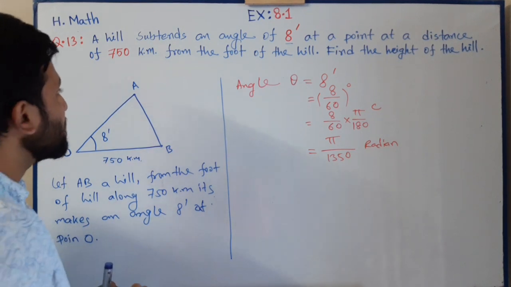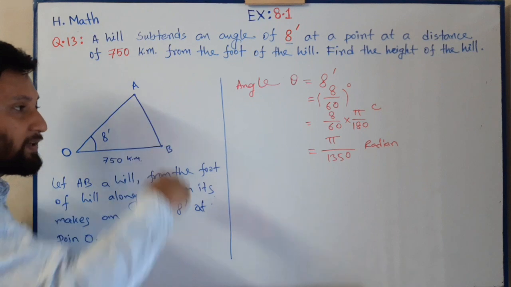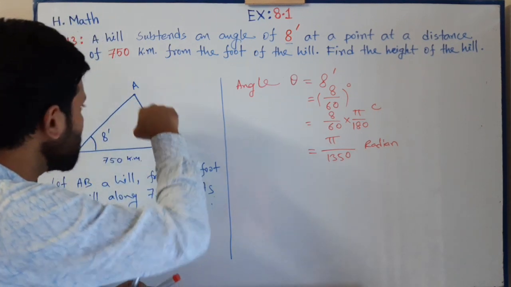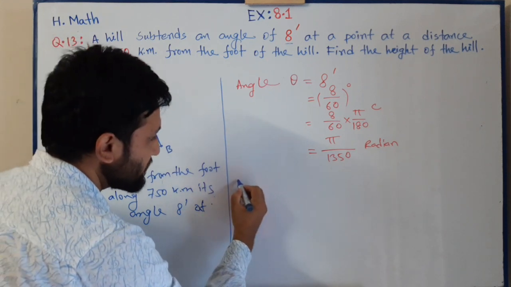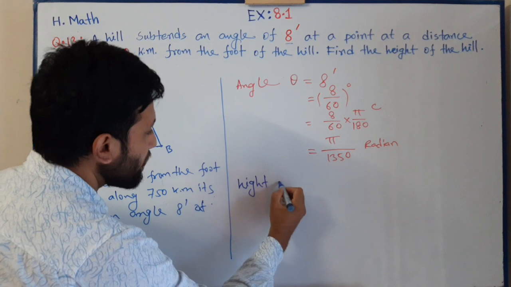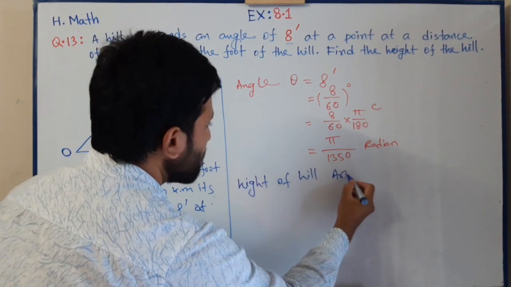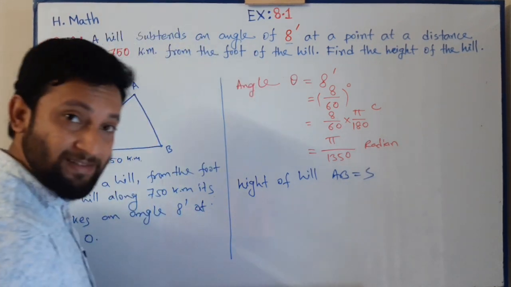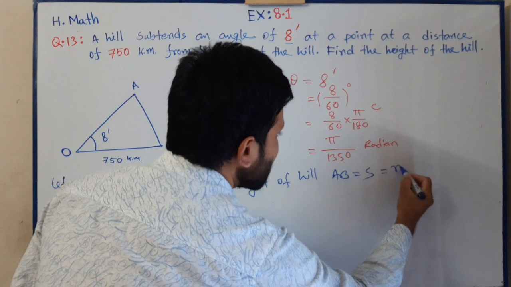Now we have to identify the height of this hill. The height of the hill AB is S, the arc distance, equal to r theta.